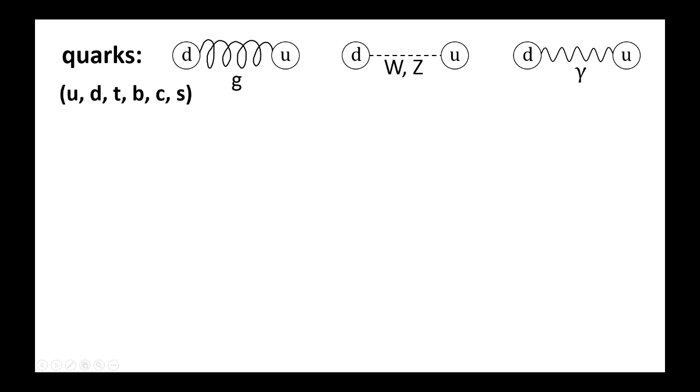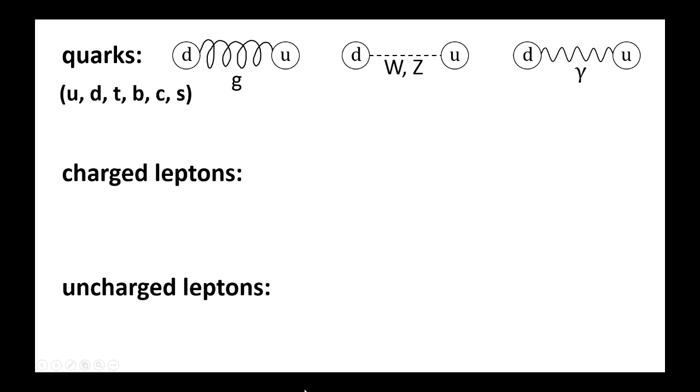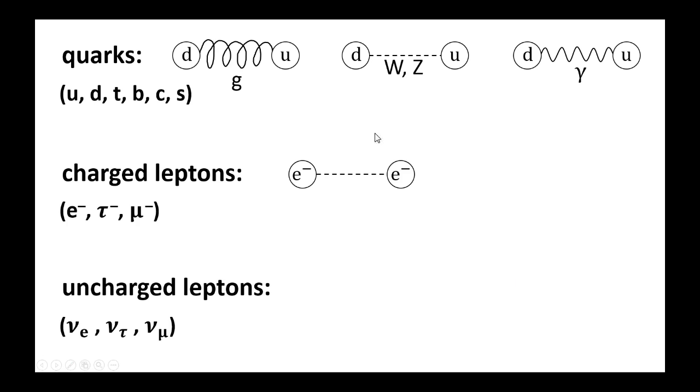So how about leptons? Well, there's kind of two categories. There are leptons that have charge and leptons that don't have any charge. The ones with charge are the electron, tau, and muon. The ones that don't have charge, the three neutrinos. So what are the interactions that leptons engage in when they have charge? There's two. Charged leptons can interact with the weak nuclear force, so this would have to be a W or Z boson.